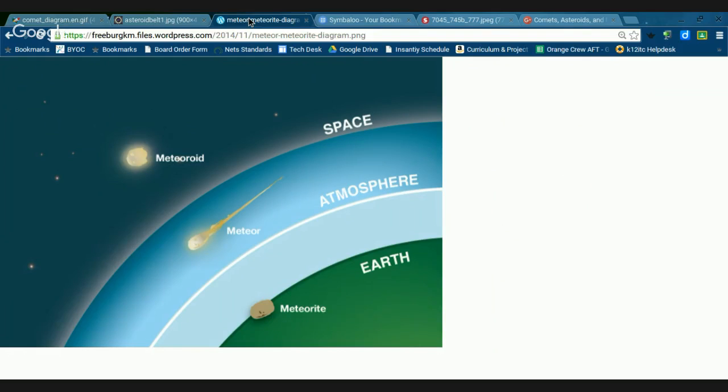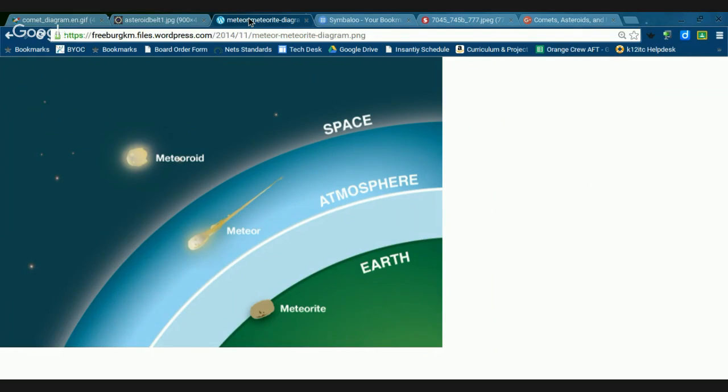Moving on to the size of the meteoroids. Sometimes they can be as small as, sorry, I don't think it's set on your resources. As far as I know, it's not on there.